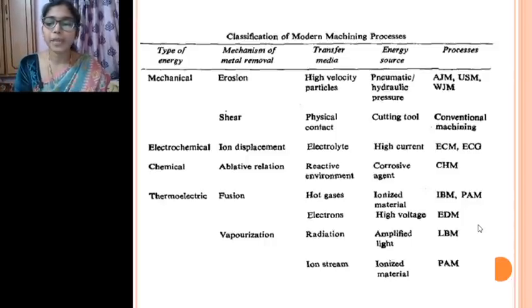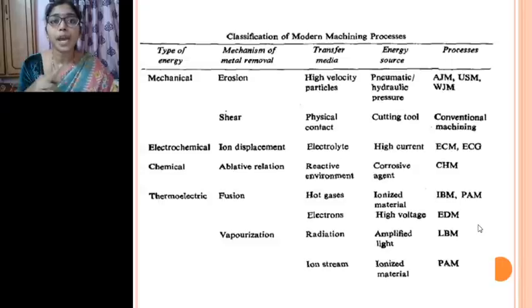And then again we have the EDM process, electric discharge machining process. In electric discharge machining, we use the sparks created by the movement of electrons and ions.